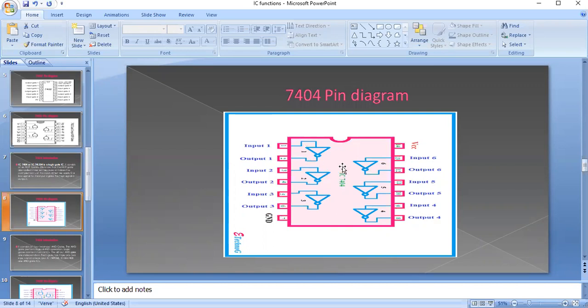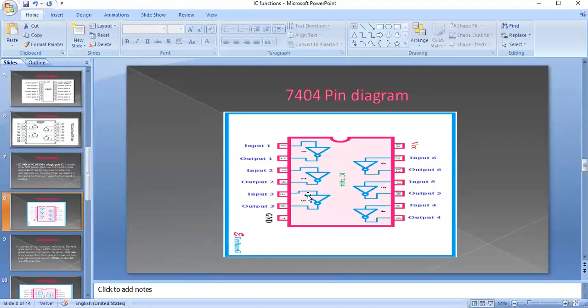We have 6 NOT gates in this IC. The 7th pin is ground and the 14th pin is supply. This is similar to 7400. The first pin is input and the second pin is output. Similarly, the third pin is input and the fourth pin is output.